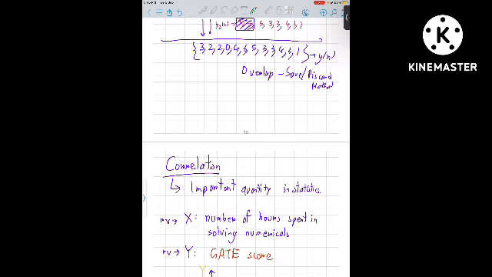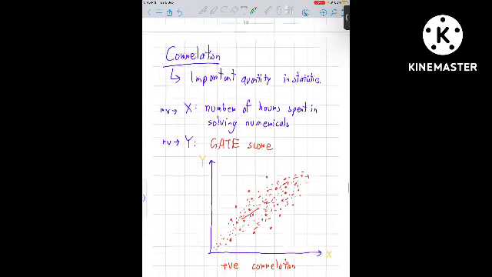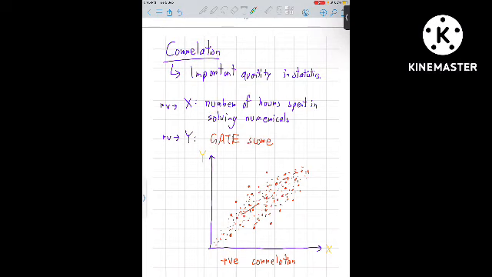So corresponding to each student, we obtain a lot of data points. For every student I will obtain this point, and then I keep on dotting all of them.